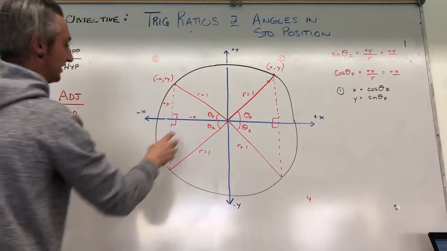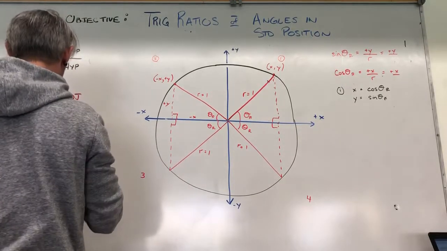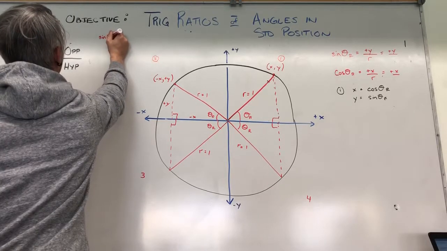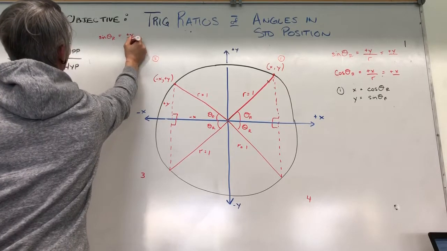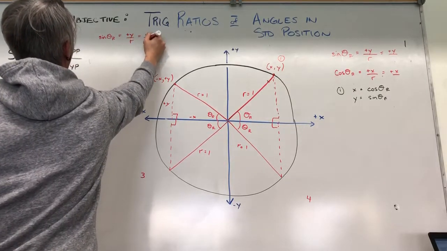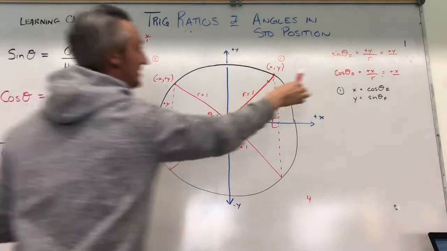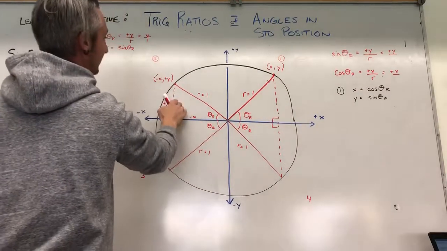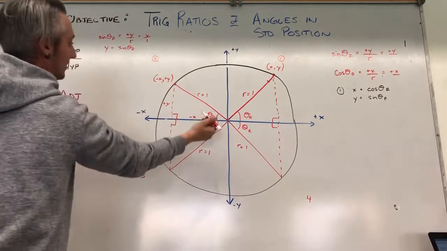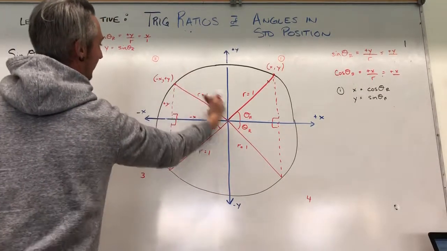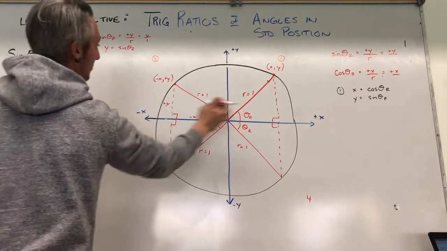If I do sine theta of my reference angle, I get a positive y over r, or y over 1, giving me y is equal to sine theta r, the same thing as over here. That makes sense, because both have the same angle and the same hypotenuse, so they should have the same value of y, which is sine of r, and they're both positive.